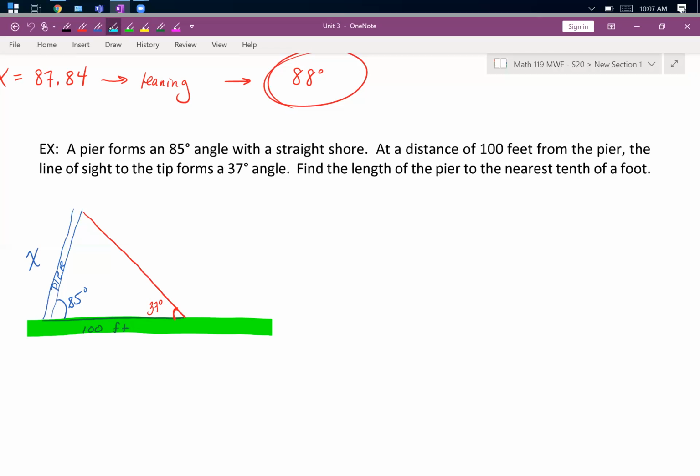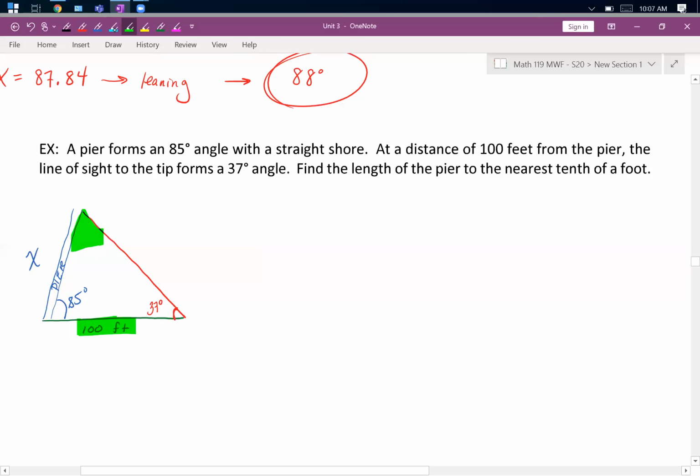All right, that sounds like a good plan so that we have a known pair because this 100 feet on the bottom is going to match up with this right here, and we can easily find that angle since it had to be 180. What's our third angle going to be? 58 degrees. 58 degrees, great.